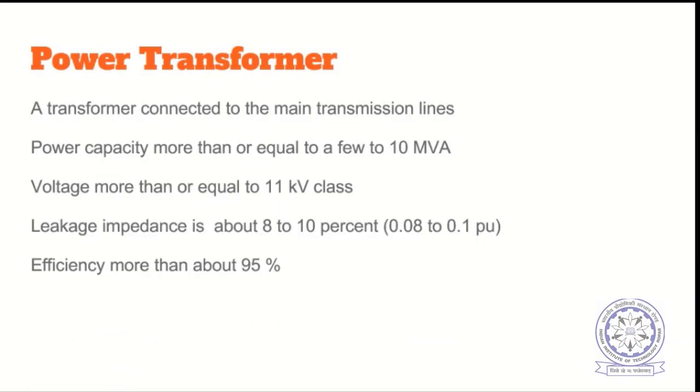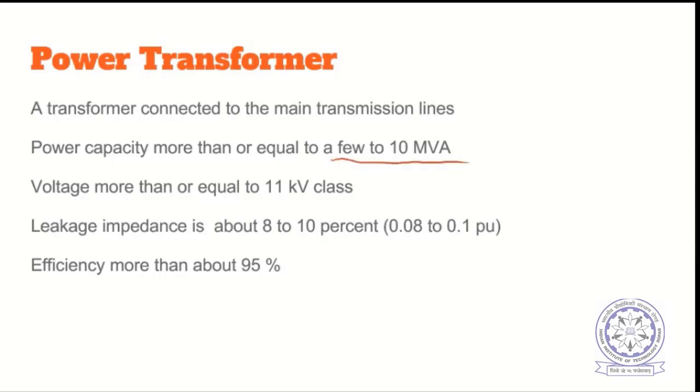Now, power transformer. Basically, a power transformer is a transformer which is connected to the main transmission lines, as already introduced some time back. The power capacity is normally more than or equal to a few to 10 megavolt amperes.